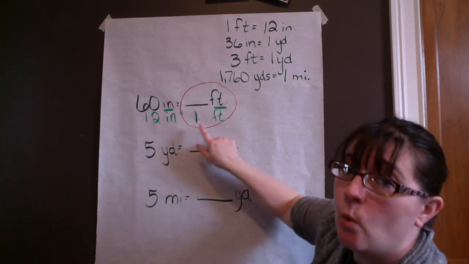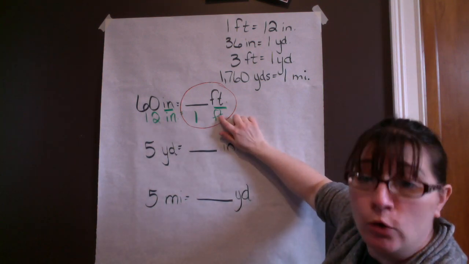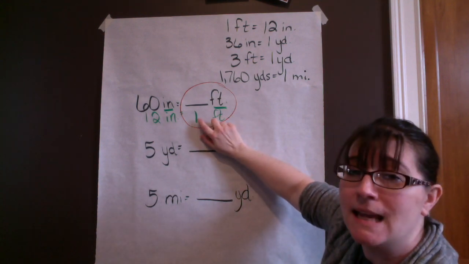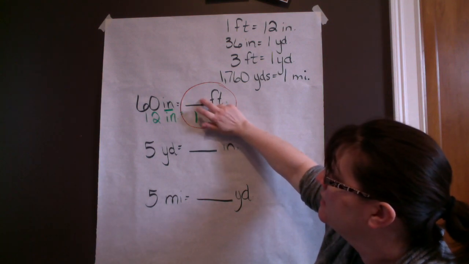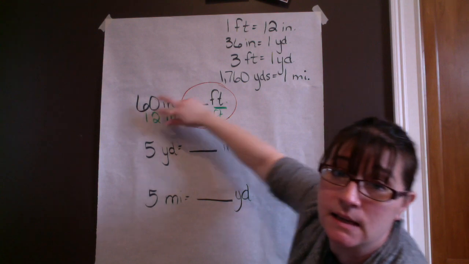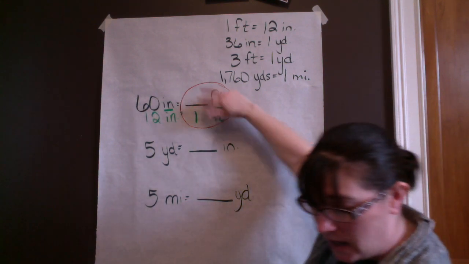Okay, 1 is smaller than 12. So I'm only going to multiply or I'm going to divide. So if I want my answer up here, this answer needs, both answers over here need to be smaller than these over here. So if I want to make it smaller, I'm going to divide.